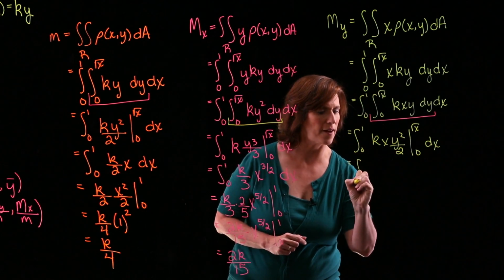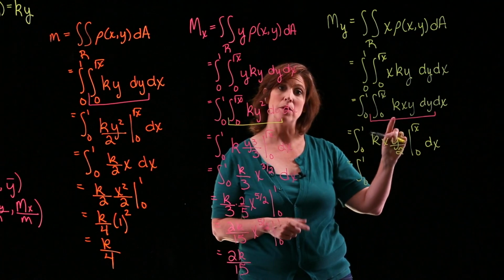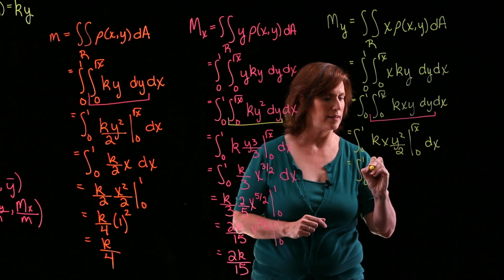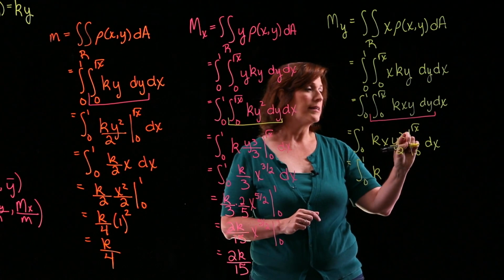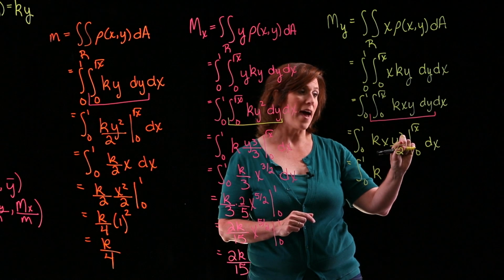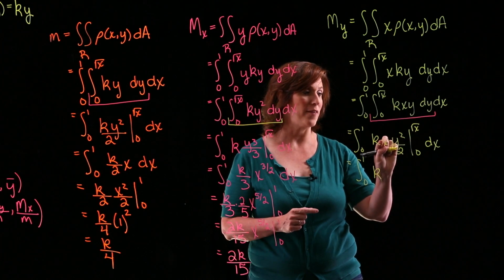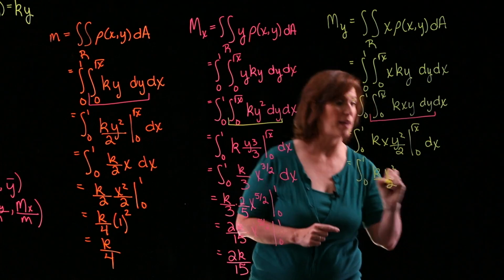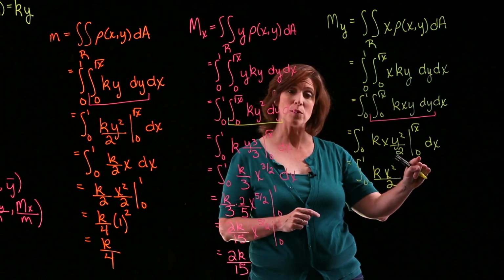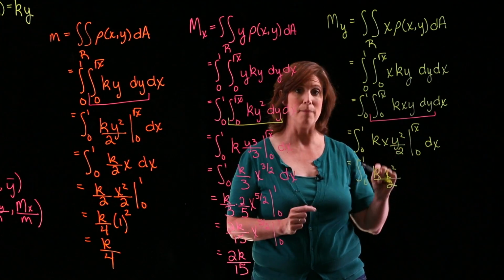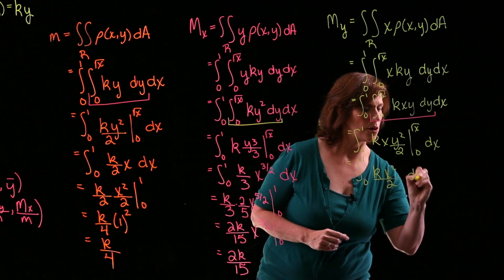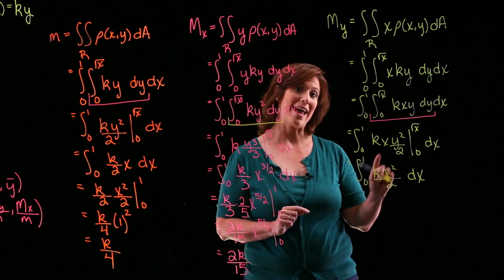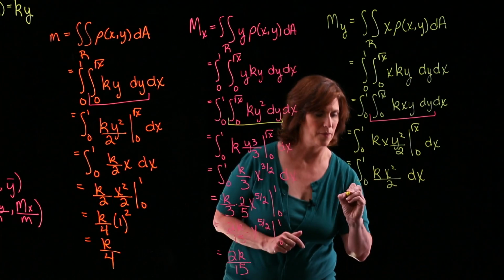Right, so now I've got the integral from 0 to 1. I need to plug in my upper and lower limits. So I'll have kx times the square root of x squared, which is going to be an x. So I have an x times x, which is x squared, and that whole thing is divided by 2. I then subtract what happens when I plug a 0 in for y, but that's just 0. So my outside integral then becomes the integral from 0 to 1 of kx squared divided by 2 dx.